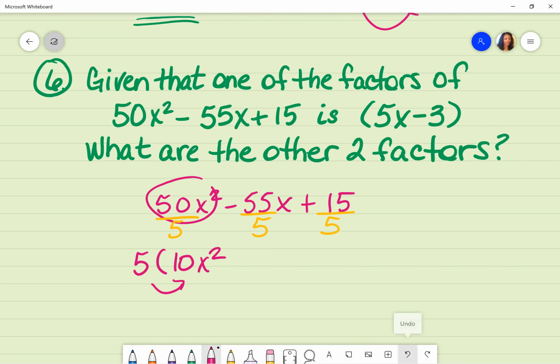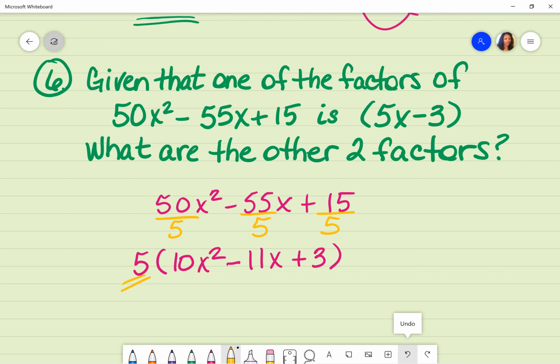Negative 55 divided by 5 is negative 11, I bring that x down, and 15 divided by 5 is 3. So I see already that's one factor. So I have one of my answers.